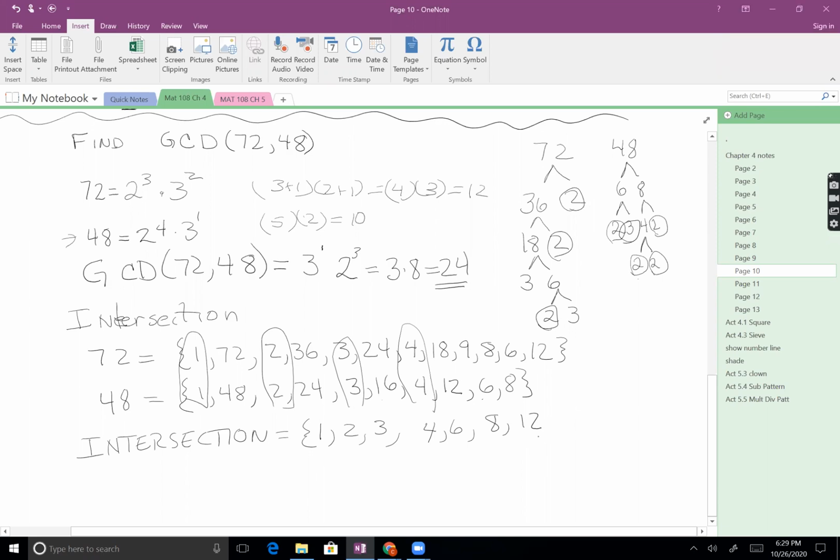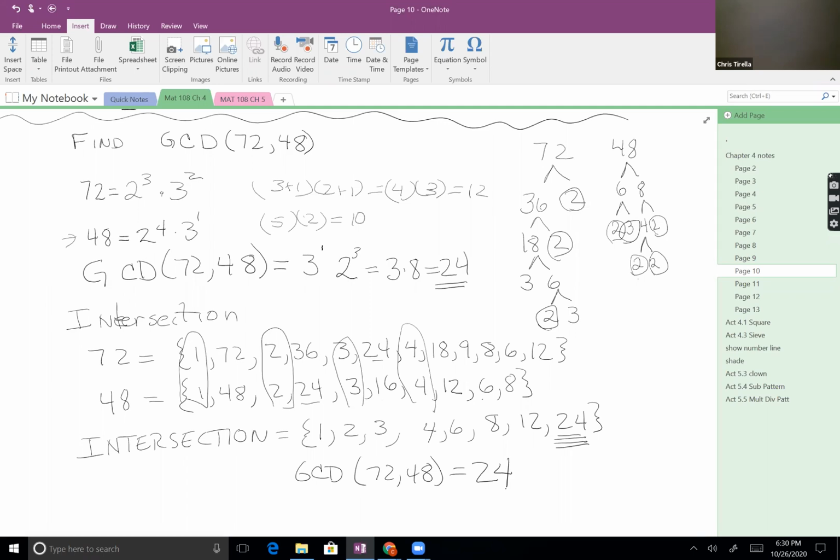And they both have 24. What's the largest number in the intersection? 24. And do you see how both methods took us to the same place? Which is the best method?